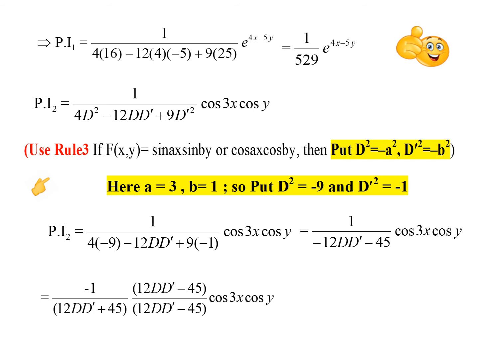Since when we take a negative sign out, the denominator is actually 12 D dash plus 45. So we are multiplying 12 D dash minus 45 divided by the same term, so that we can make use of this formula, a plus b into a minus b. What is a plus b into a minus b? A square minus b square. That is the formula we have made use of.